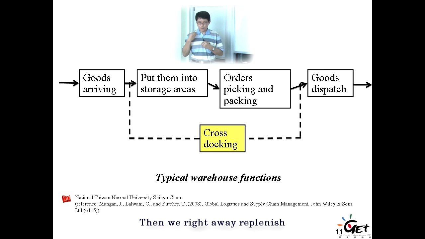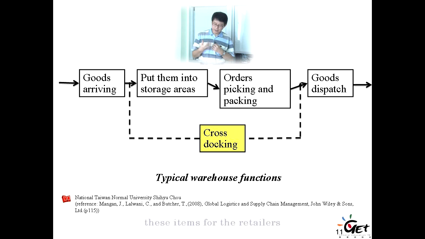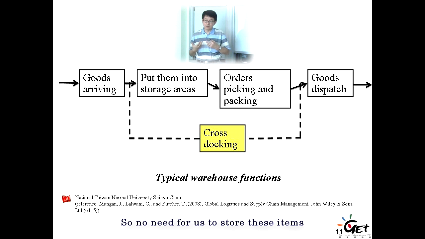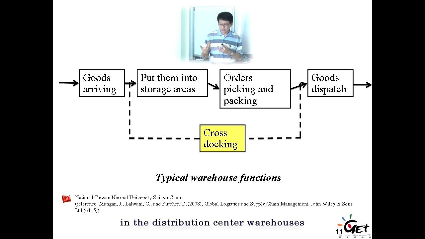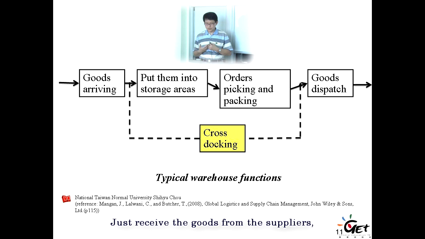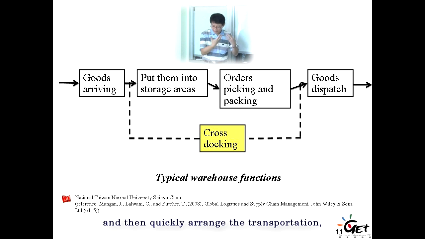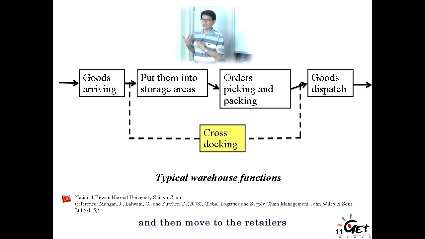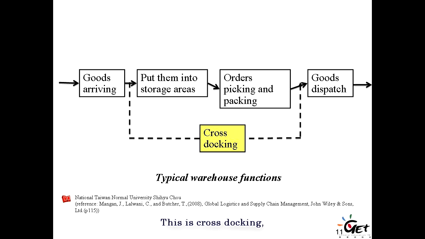Then we have to right away replenish these items for the retailers. So there's no need for us to store these items in distribution centers or warehouses. You just receive the goods from the suppliers, from the manufacturers, and then quickly arrange the transportation and move them to the retailers. So this is cross-docking.